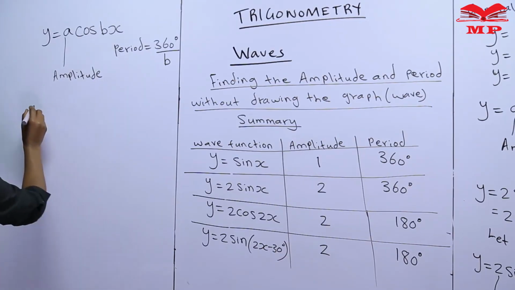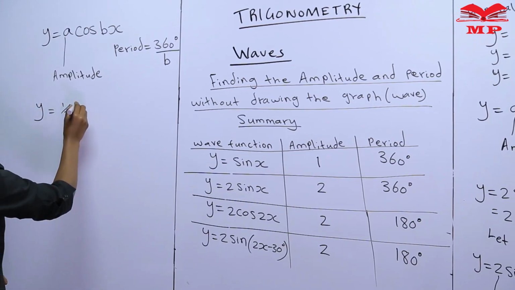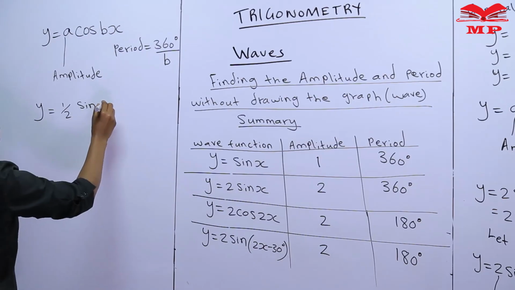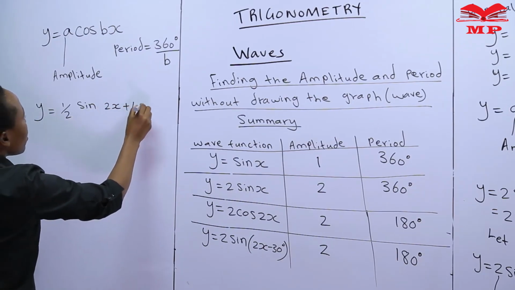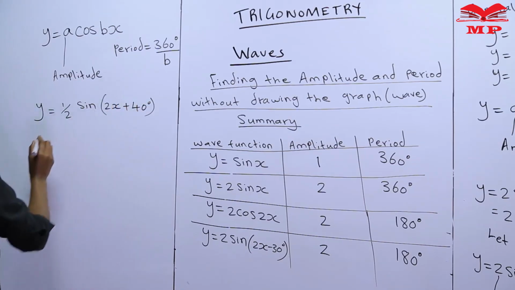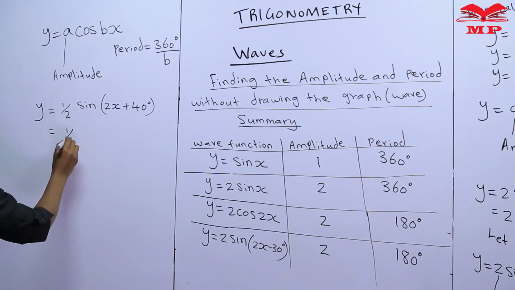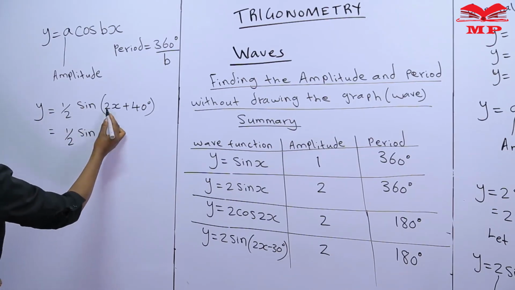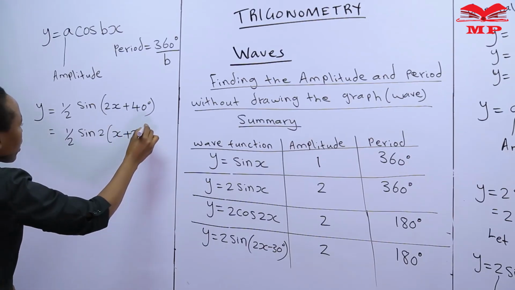So if you have an equation like y is equal to a half sine (2x plus 40 degrees), you need to write it in this form: a half sine, where we factor out 2 and remain with x plus 20 degrees.